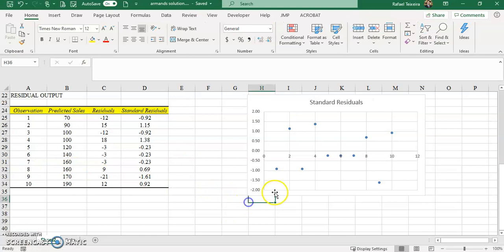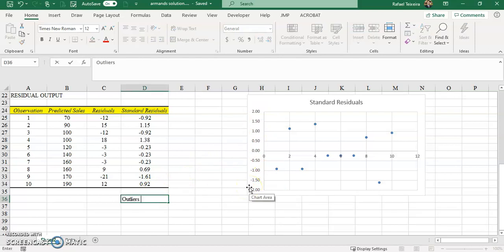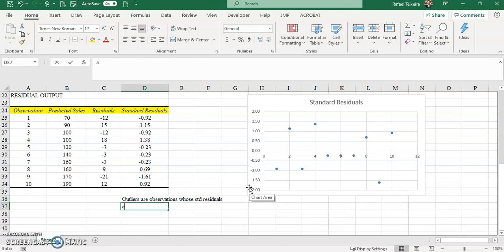Outliers are observations whose standardized residuals are higher than +2 or less than -2.